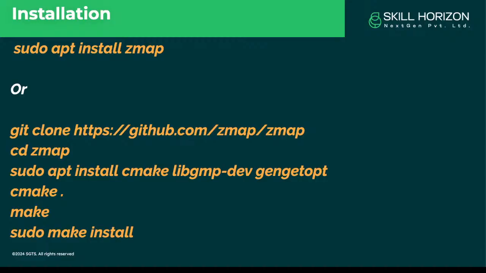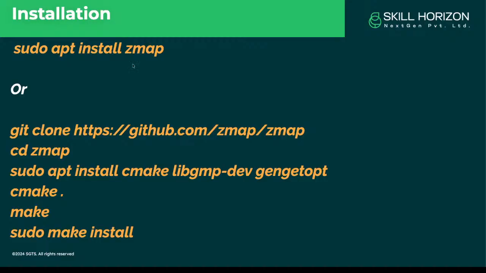The command will be sudo apt install zmap. And if you do not want to install with the package manager and want to install from the source code, then you have to go to GitHub and search for Zmap. You can find the repositories over there. After that, you can clone it and then use those commands sequentially.